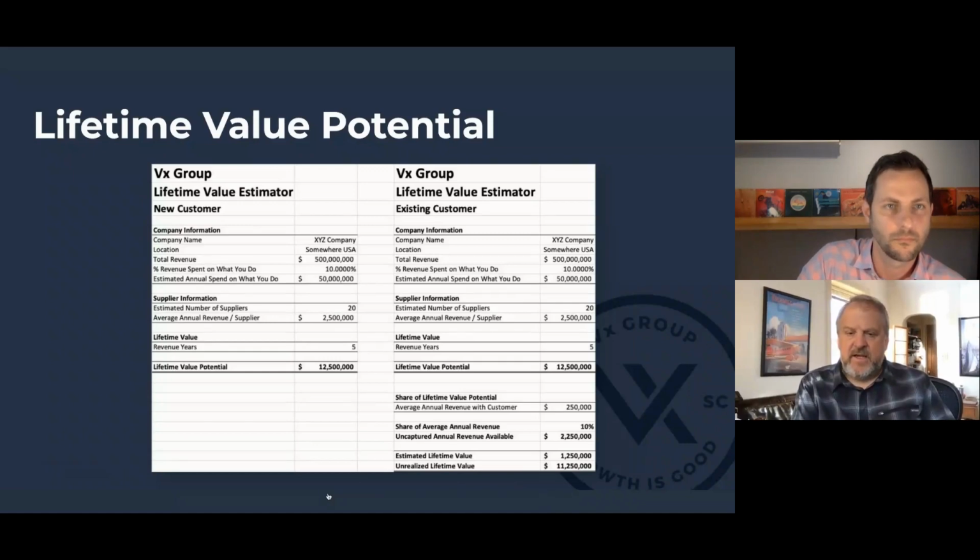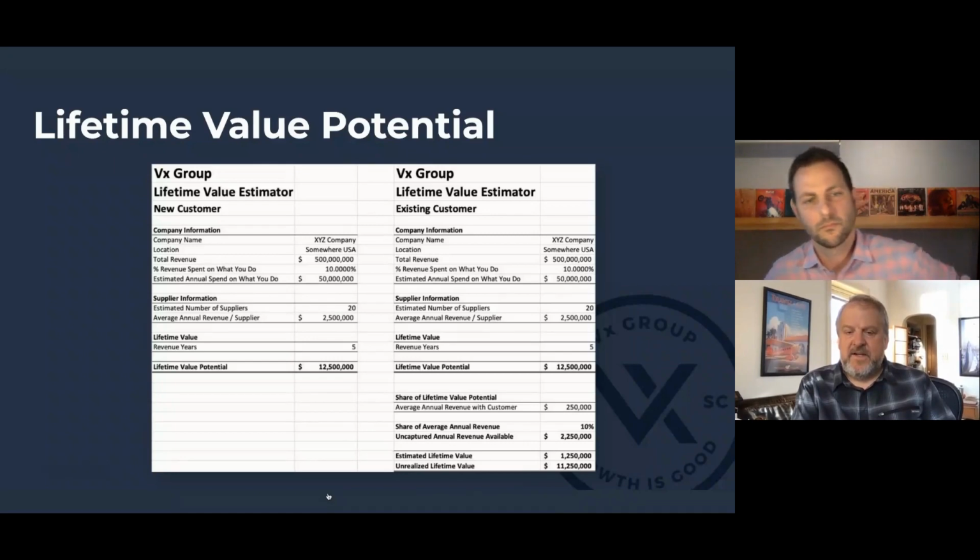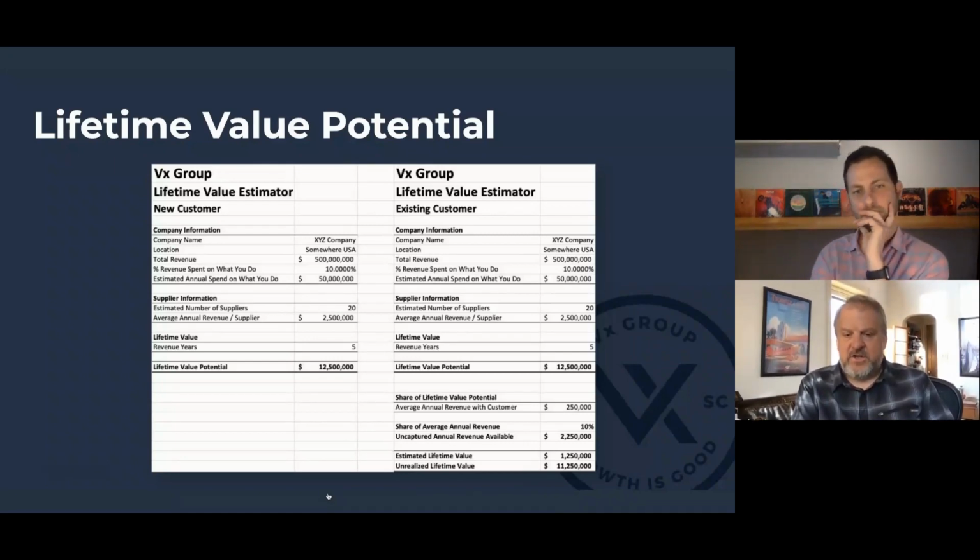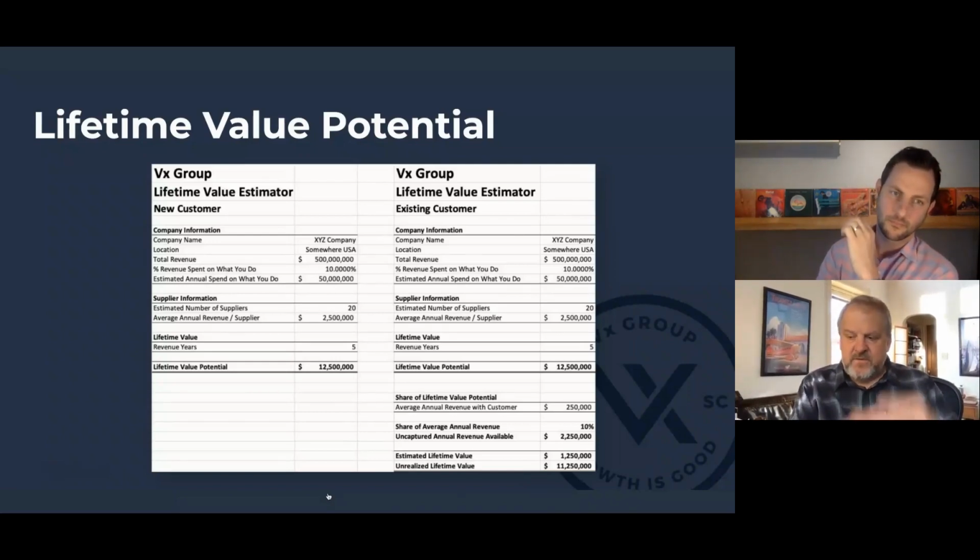So if you're doing, in this case, $250,000 a year with this customer, but they have the potential to be doing much more than that, it calculates what your share of that average annual revenue is. So $250,000 from $2.5 million leaves you with $2.25 million in what I would refer to as uncaptured revenue. That's room for you to grow to just be average amongst your competitors if you were to take this and average it out.